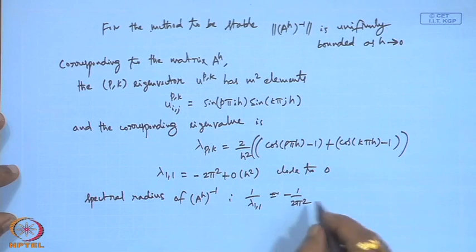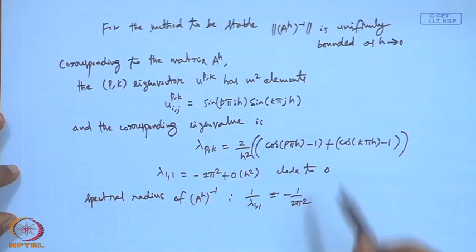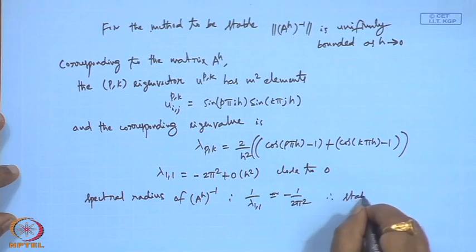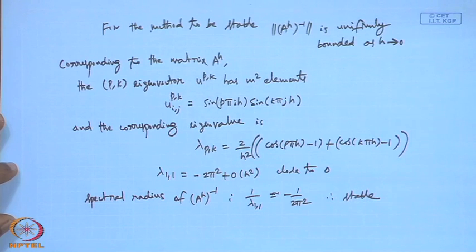Okay. So, this condition is satisfied. So, therefore, the method is stable. So, this is a general check for the stability of this method.